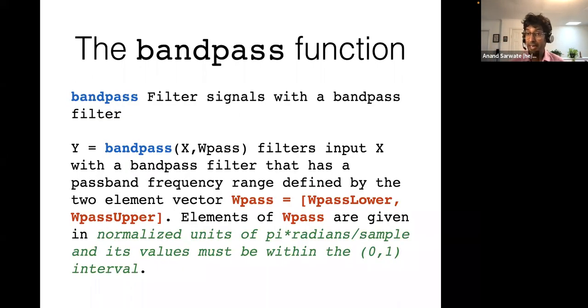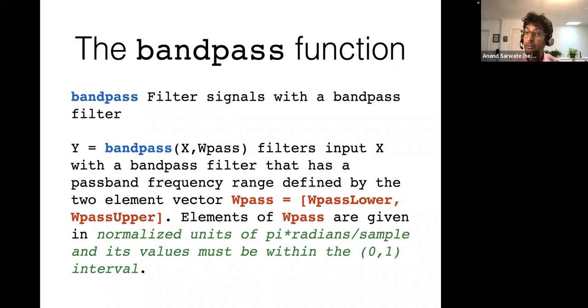So in MATLAB, there's a bandpass function, and it says filter signals with a bandpass filter. If you look at the documentation for this function, y equals bandpass of x and w pass. W is, I guess, omega. It filters an input x with a bandpass filter that has a pass band frequency range.